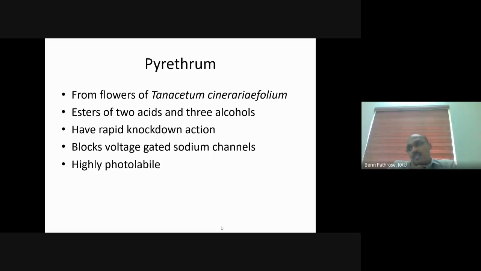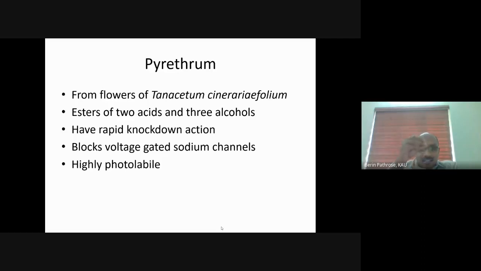This rapid knockdown action, if you take the example of mosquito repellents. About 10 to 15 years back, when you were using your mosquito repellent coils or vaporizers in your home, you can see that mosquitoes will fall on the tables and floors just as if they have fainted.